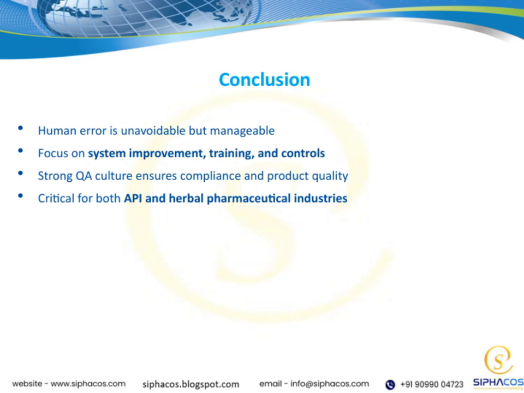It helps ensure that we stay compliant with regulations and maintain high product quality. This approach is critical not only in the API industry, but also in the herbal pharmaceutical sector, where product integrity and safety are paramount. Overall, by strengthening these areas, we can create a more reliable and consistent process that benefits both our companies and our customers.